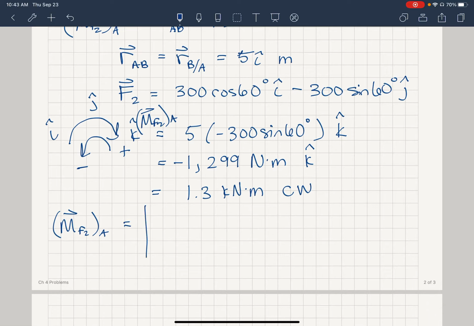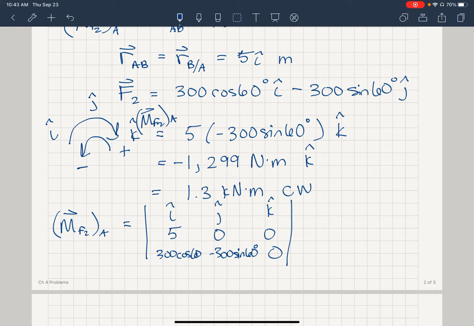With that, we just set up I, J, K. For the I, it's R cross F. So R is the second row: 5 I, 0 J, 0 K. And then F is 300 cosine of 60 for I, J is negative 300 sine of 60, and K is 0.